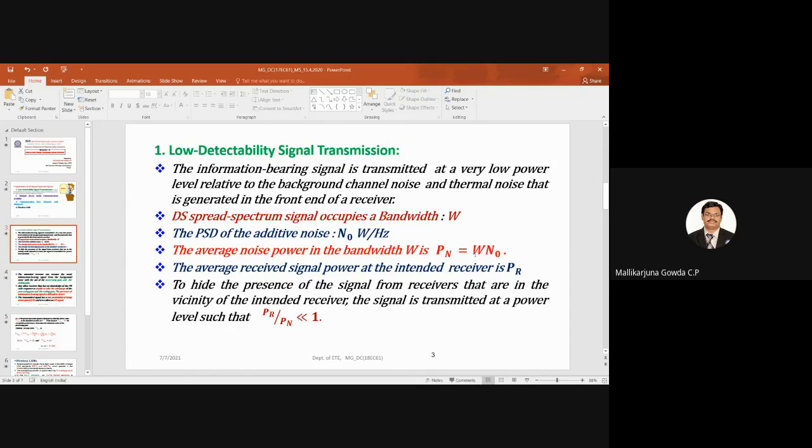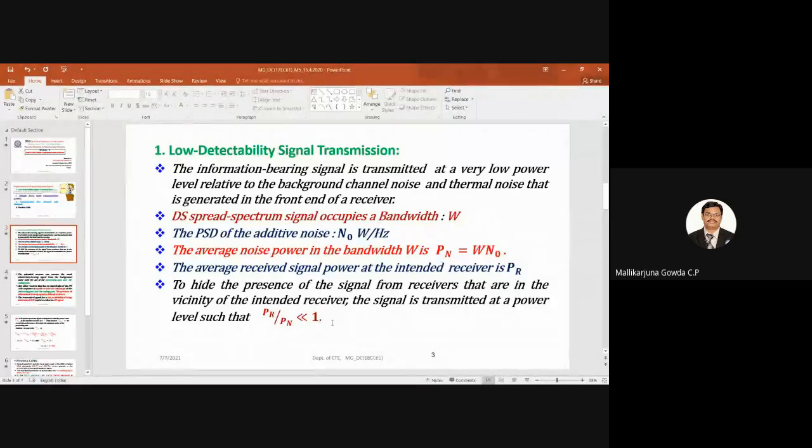The average received signal power at the intended receiver is denoted as P suffix R. To hide the presence of the signal from receivers that are in the vicinity of the intended receiver, the signal is transmitted at a power level such that PR by PN should be less than 1.